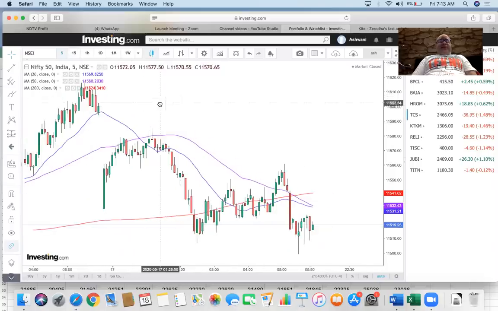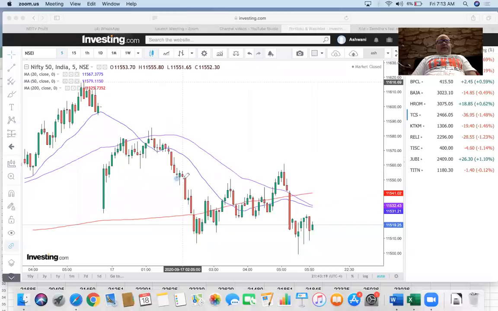So this is the Nifty 5-minute chart, and basically we are trading very close to the 200, which I have said many times is the daily pivot zone.